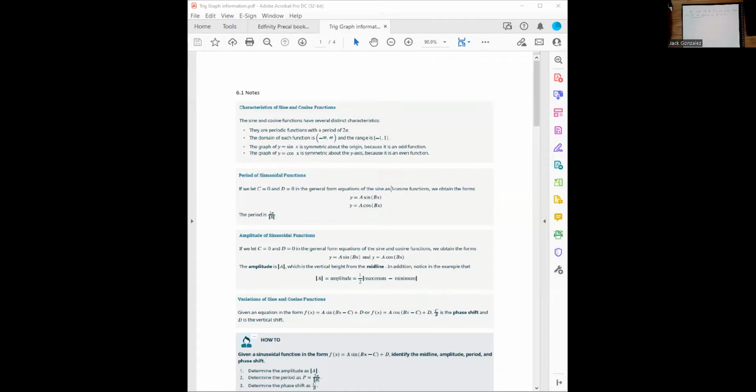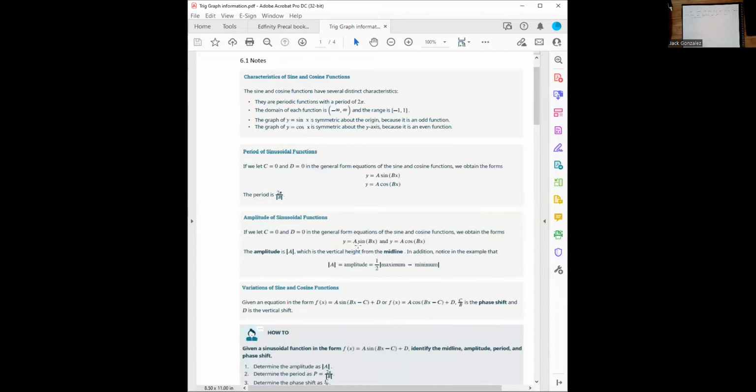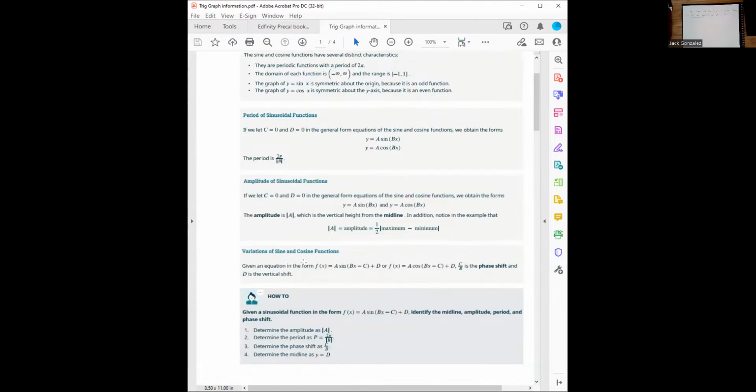Amplitude for sine and cosine is just going to be the A, the number in front of sine. Doesn't matter what's going on, that's your amplitude. The midline is going to be the D right here. So if there's a constant added to your function, plus some D, that's your midline.